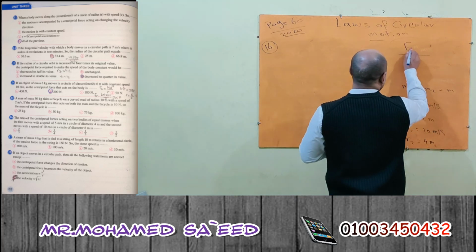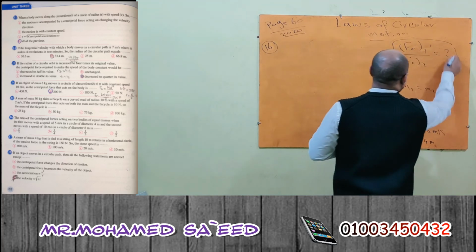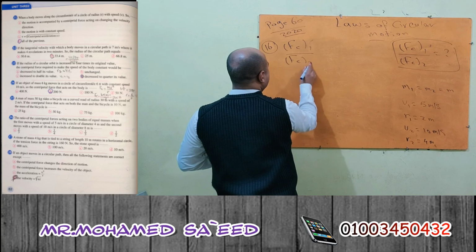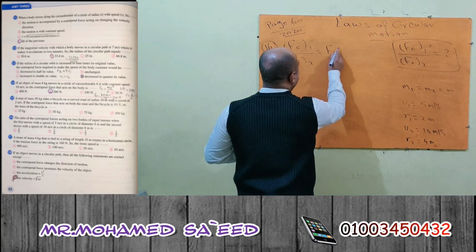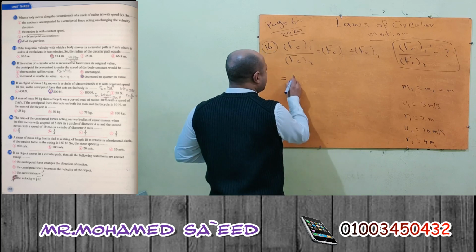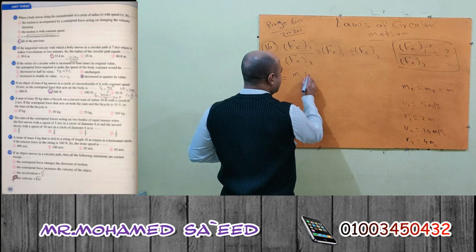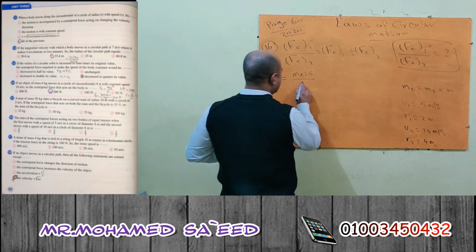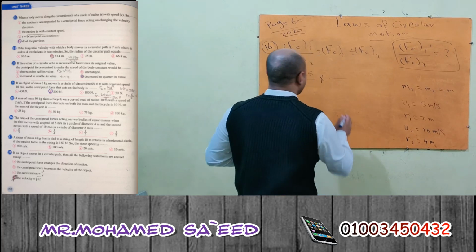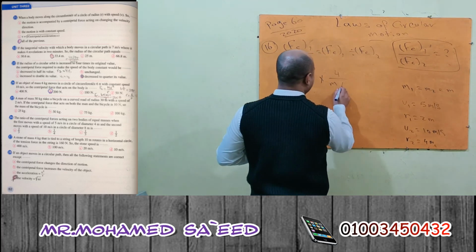He wants us to calculate the ratio between centripetal force F1 over centripetal force F2. Always start with the required. FC1 over FC2: FC1 equals M V1 square, 5 square, 25, over R1, 2, divided by, which means times the reciprocal, R2 4 over M2, which is equivalent to M, and V2 square, 10 square, 100.